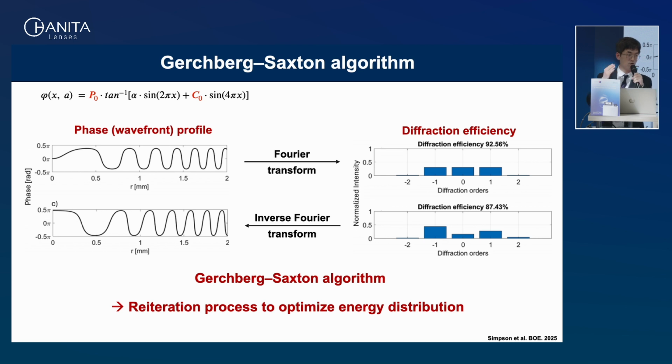But now, if you want to highlight more for the far focus, then you should change its distribution, right? And once you set up this distribution, you can do the inverse Fourier transform to get the new phase profile. That's how the Intensity came up with this GS algorithm to optimize this energy distribution.